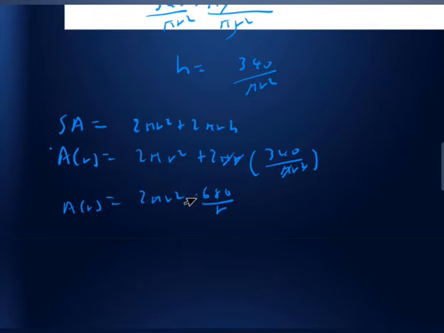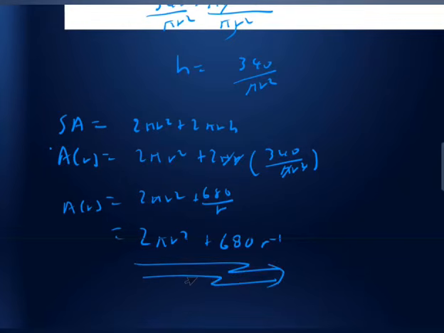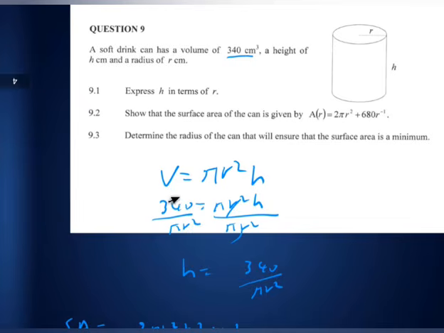So it means it's just going to be, what did I do? That's plus. So we're going to have 680, and then we just shift this upwards. So when it moves from denominator to numerator, the sign of the exponent changes, and this is what we have.